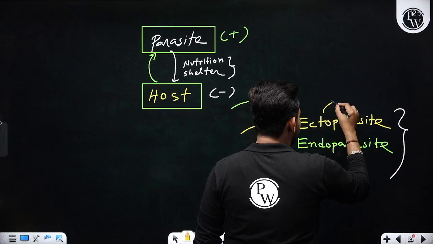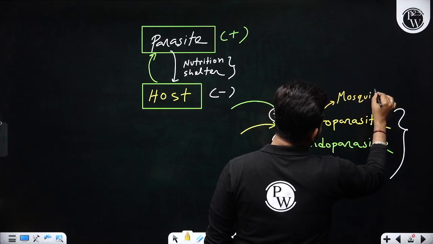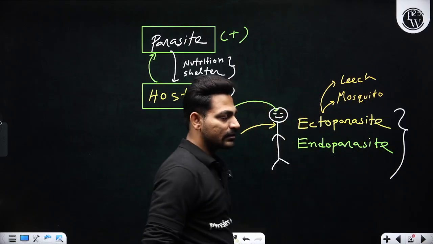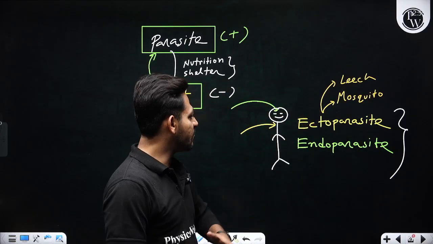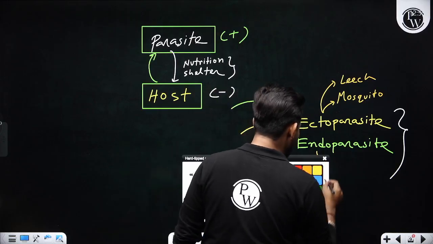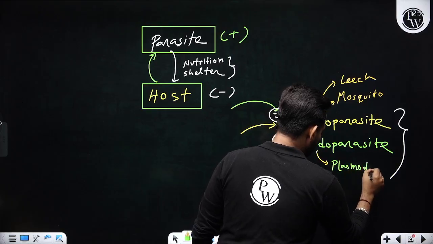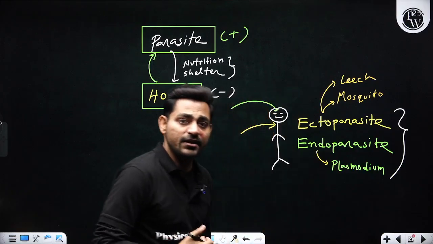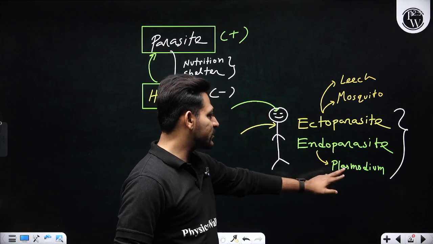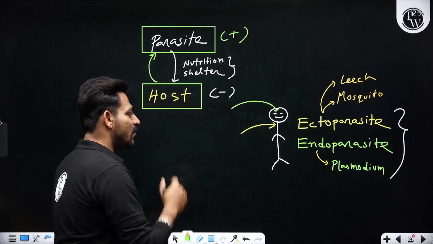For examples of ectoparasites: mosquitoes, leech, even bed bugs. If you ask me for examples of endoparasites: Plasmodium, which causes malaria in our body by attacking our liver and RBC. That is a good example of an endoparasite.